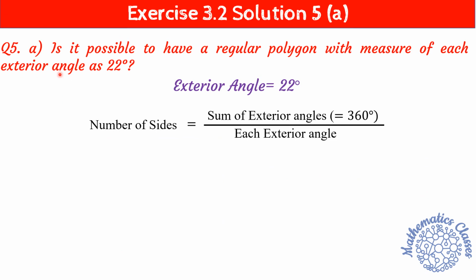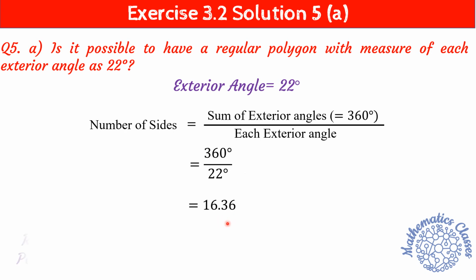For part A, exterior angle equals 22 degree. Number of sides equals sum of exterior angles divided by each exterior angle. So, number of sides equals 360 divided by 22, that is 16.36.